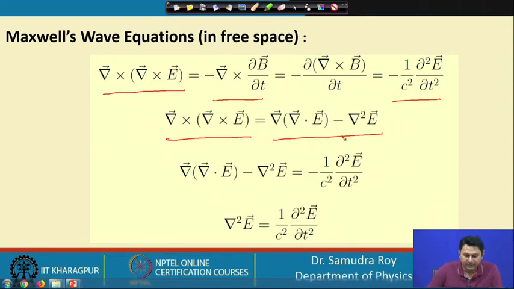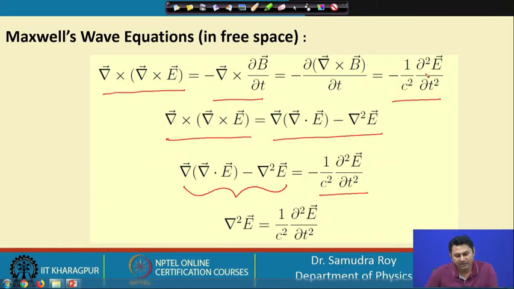After doing that, the left hand side I replace with whatever we have, and in the right hand side we can write minus of 1 by c square del 2 E del T square, which we already figured out. So what is the thing?